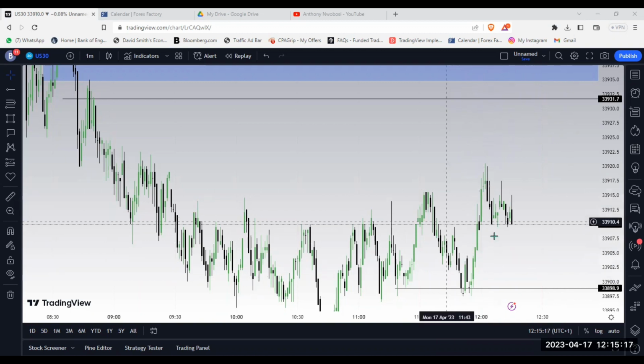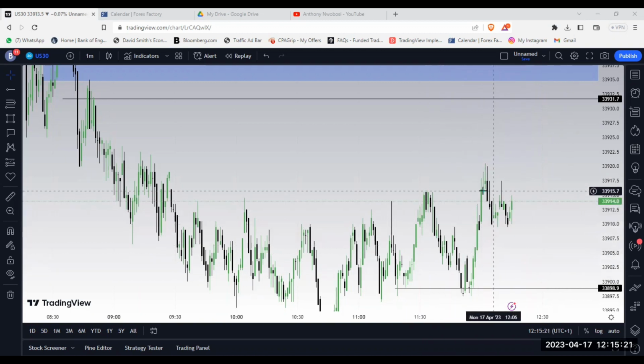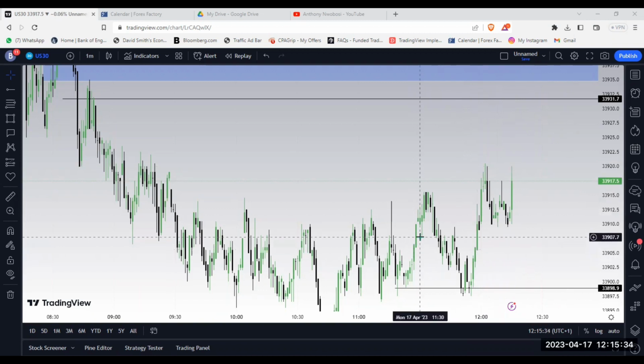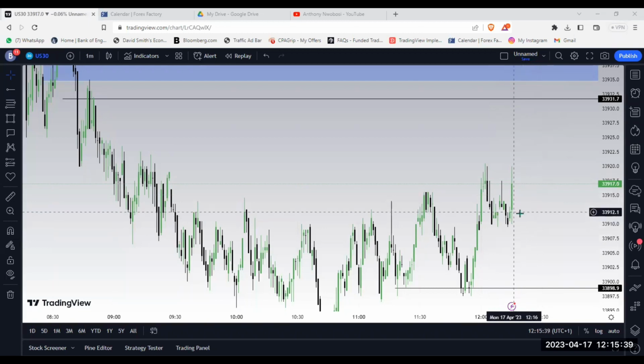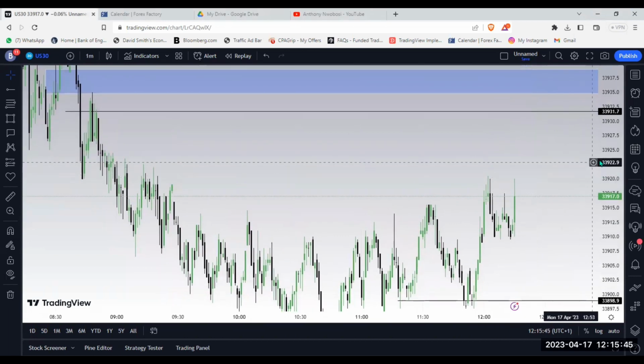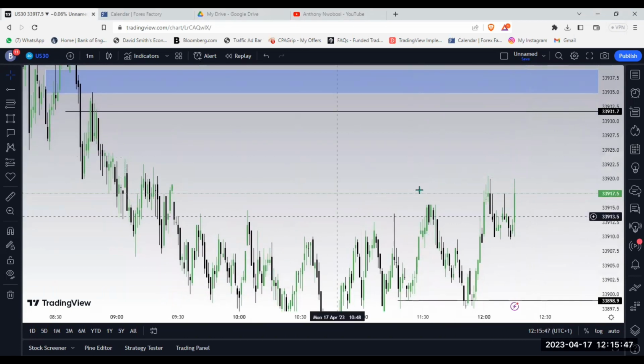So instead of taking unnecessary loss, I closed those ones I entered around here. I closed the trade, and then around here, I had to exit even the one I entered at this FVG, all right? Because I'm not sure of what the market is doing anymore because of lack of volatility. So it's best for me to wait for the New York session. All right. So at New York session, we'll continue. Thank you.